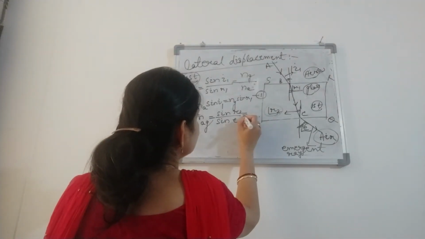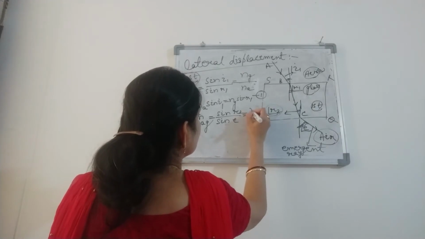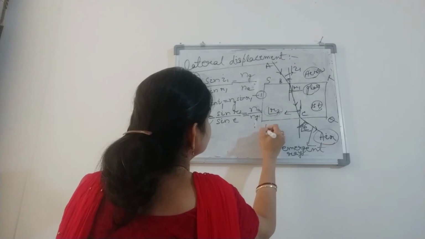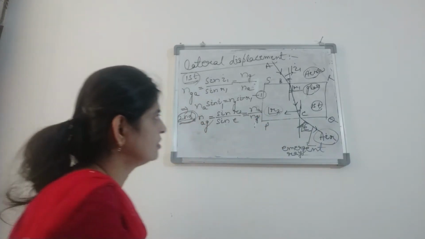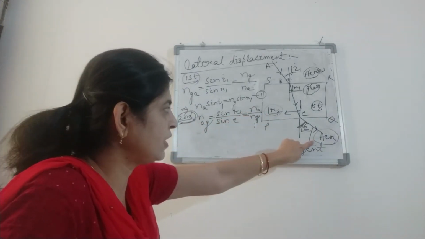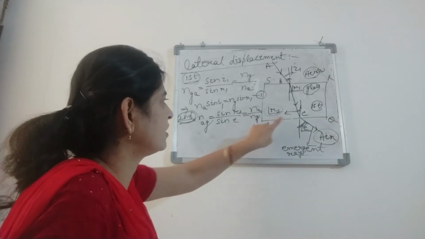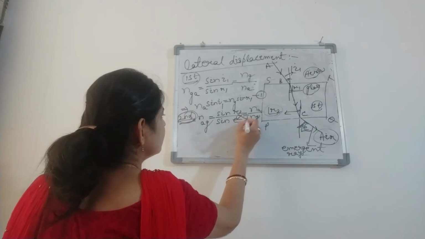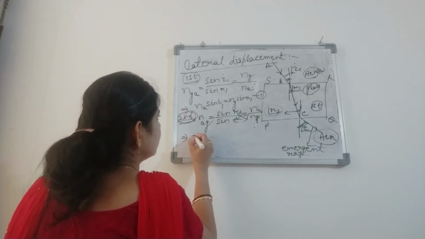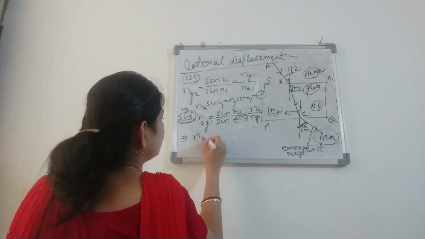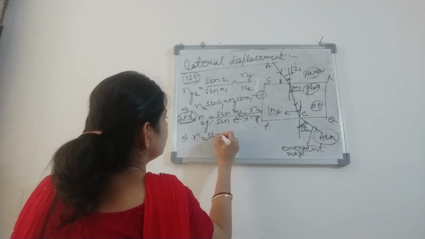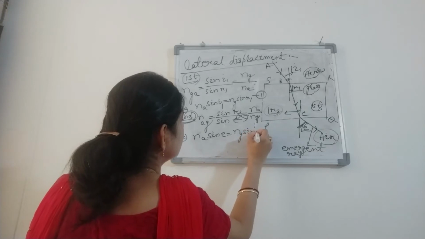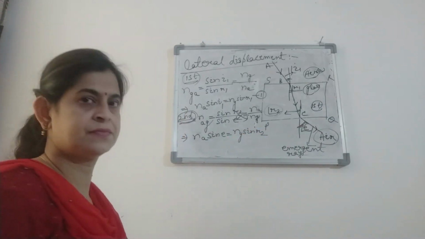That is equal to NA divided by NG, the refractive index of air medium divided by the refractive index of glass medium. Now if you cross multiply, then we can write NA sine E is equal to NG sine R2.